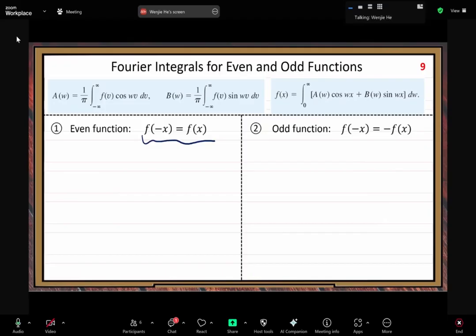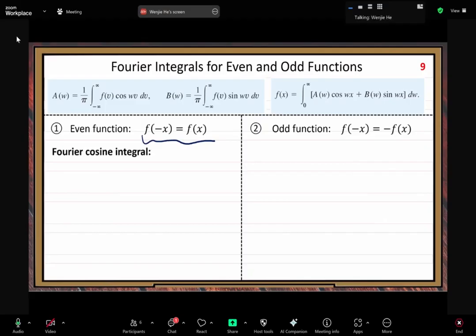Now, let us calculate the Fourier integral formula for these two types of functions and see what the formulas are. We expect to have simplified versions of the Fourier integral formulas.